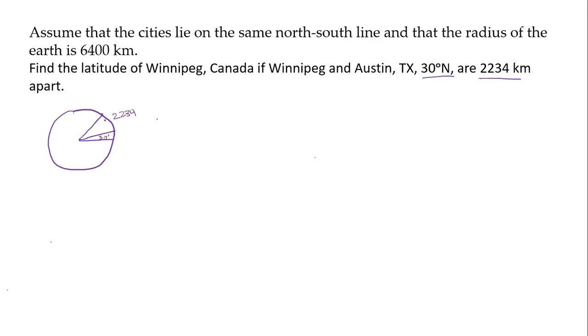That there is this arc length right here, your distance for your s, in your formula, s equals r times theta. So we are trying to figure out what is this right here, what is that angle, whenever we plug in everything here. So arc length is this here, and our radius is the radius of the Earth, which we're given.